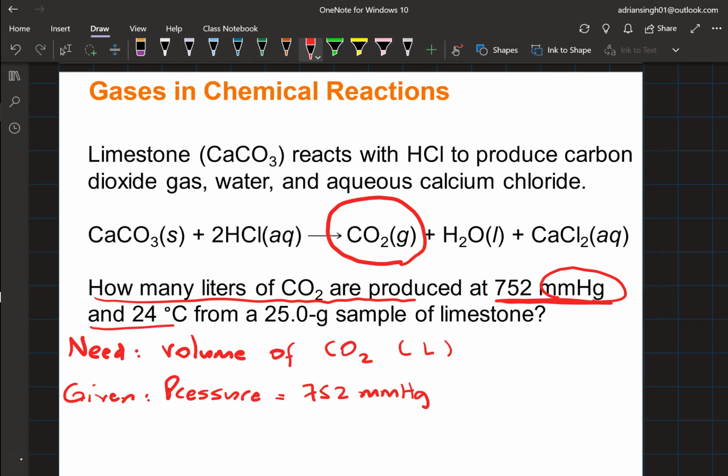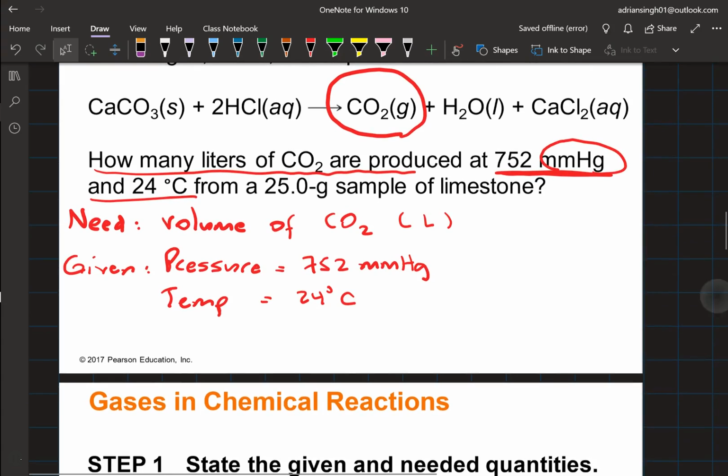We're also given temperature as 24 degrees Celsius, and if you remember from all your gas laws, you want to make sure that your temperature is in Kelvin. So we need to add 273 to that, and you want to convert that right away. Don't wait, because I guarantee you are going to forget to convert it.